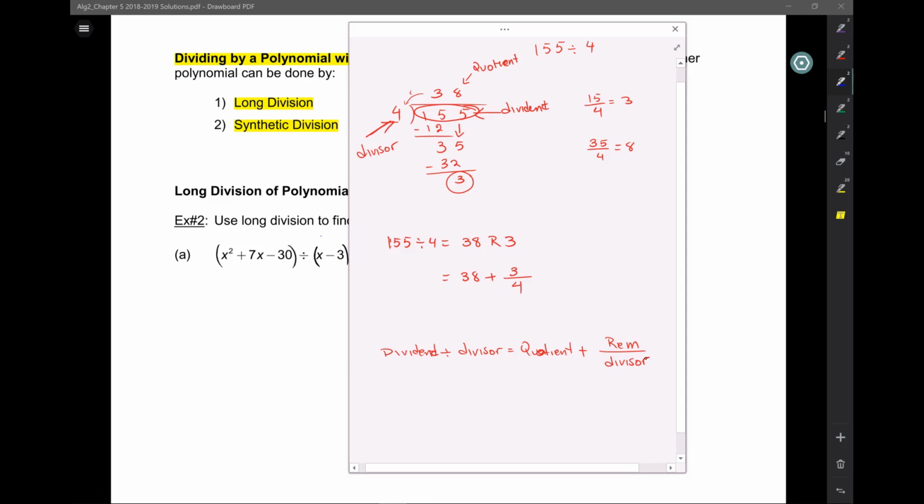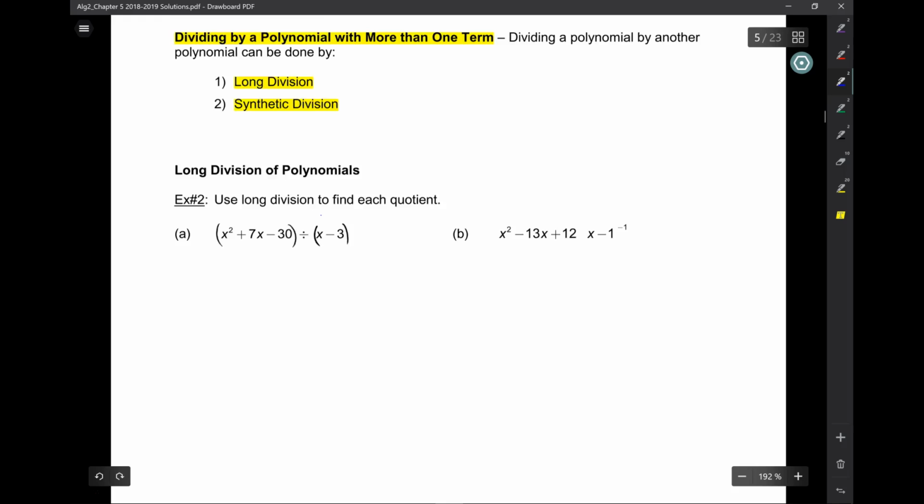That's how we always write it. And now this is cool. We can do it with numbers. Now we're going to do this with polynomials. So instead of the 155, we're going to have something like 3x squared plus 5x minus 2, and instead of the 4, we're going to have 2x minus 3. So let's do that.